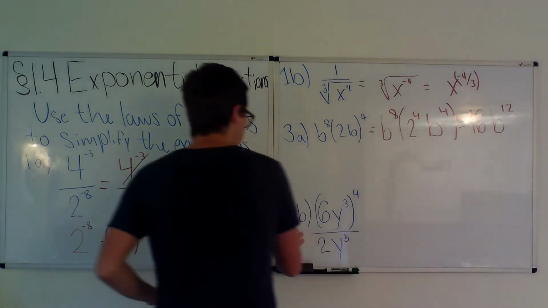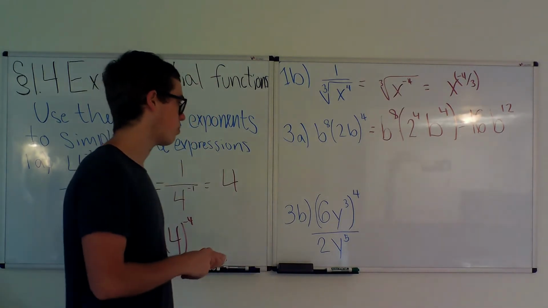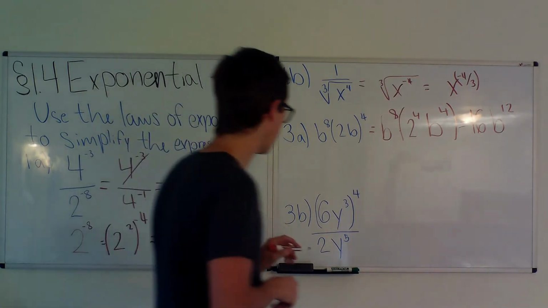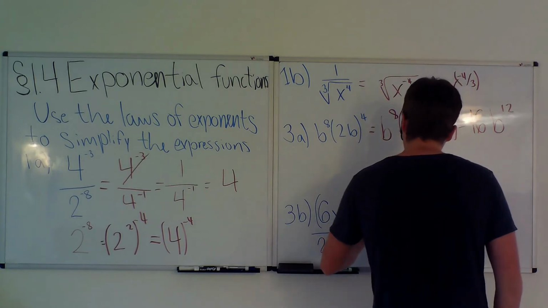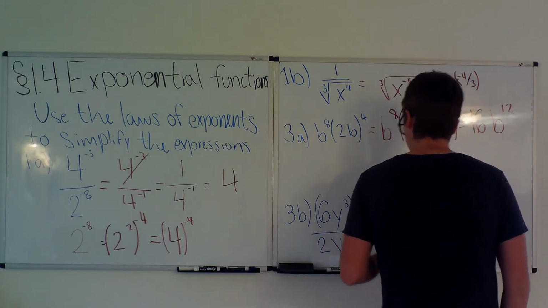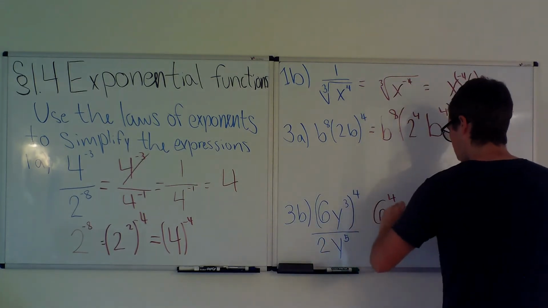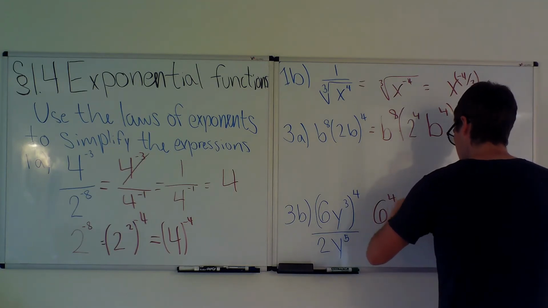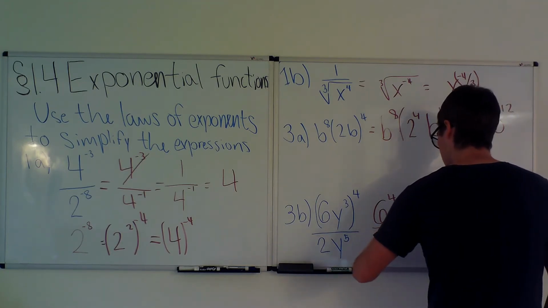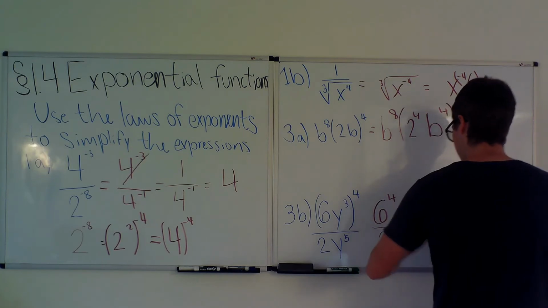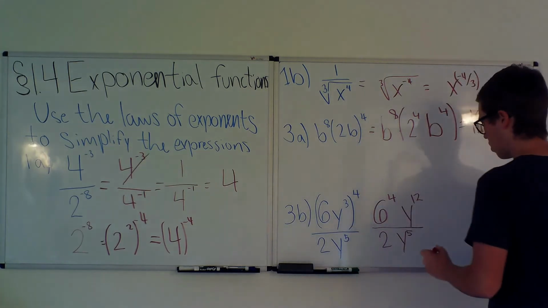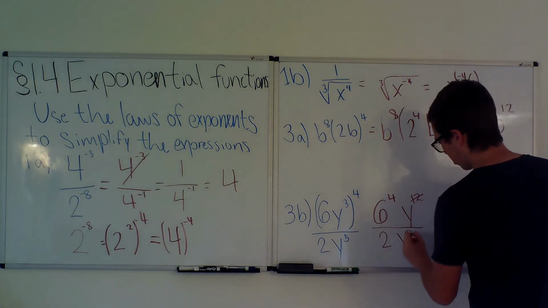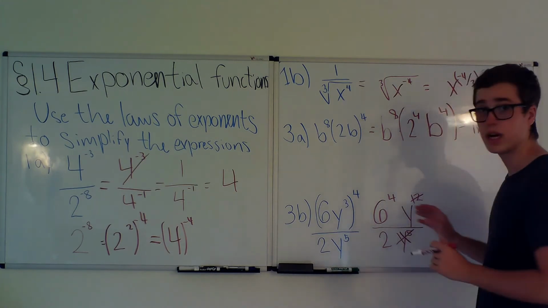Right? And now on to 3b. We're going to do something pretty similar to 3a. So now we're just going to do 6 to the 4th. I don't know that off the top of my head. And then that's going to be y to the 12th over 2y to the 5th, right? So then we're going to cross out the 12, we're going to cross out the 5, and do 5 minus 12.